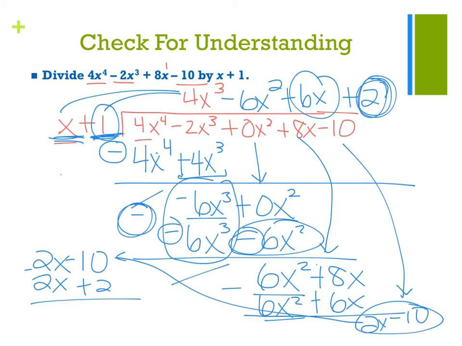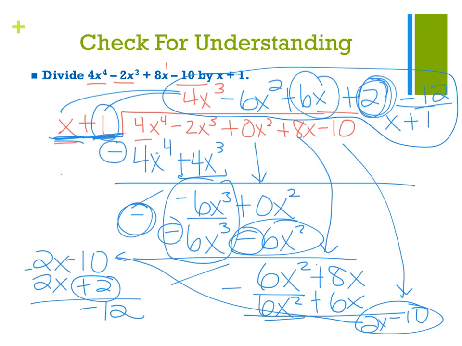So when I subtract these columns, I end up with a remainder of negative 12, because negative 10 minus a positive 2 is negative 12. So at the end here, I'm going to subtract 12, and that's my remainder, and I have to write that over my divisor, which is x plus 1, and that is my final answer. So if we're looking at the multiple choice answers, the answer that matches our quotient right here is letter D.